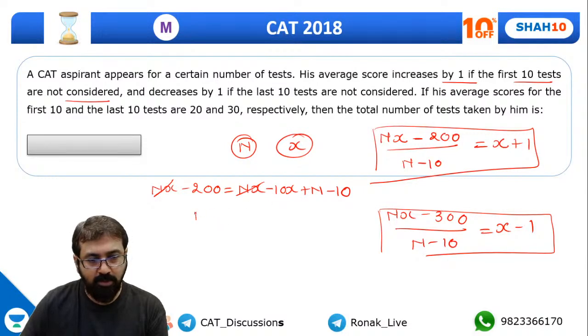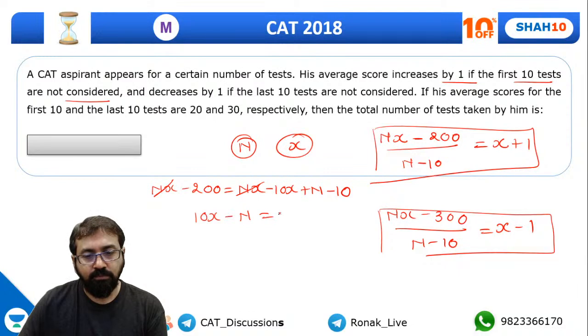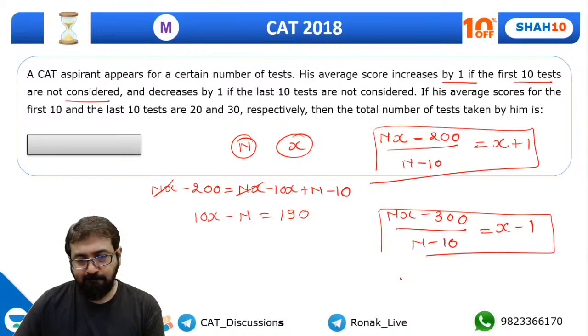So this will come out to be 10x minus n is equal to, this will be what, 210, correct? And sorry, 190. Same way, this will come out to be nx minus 300.